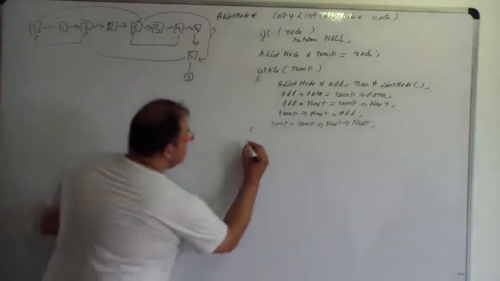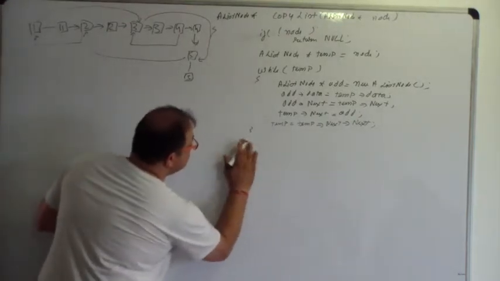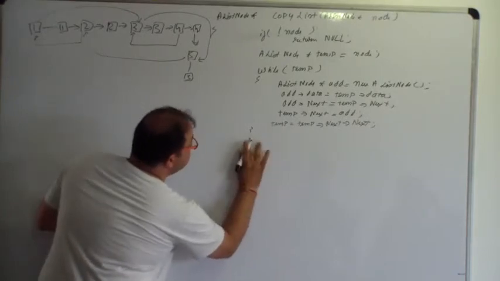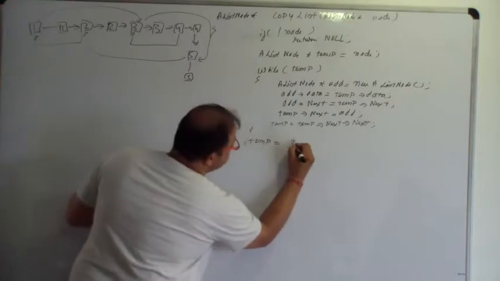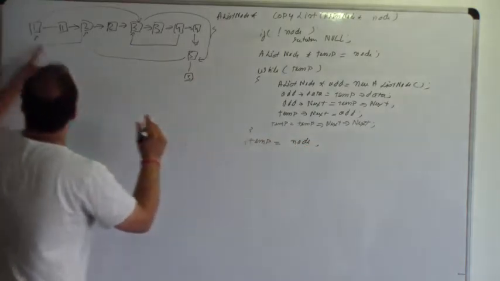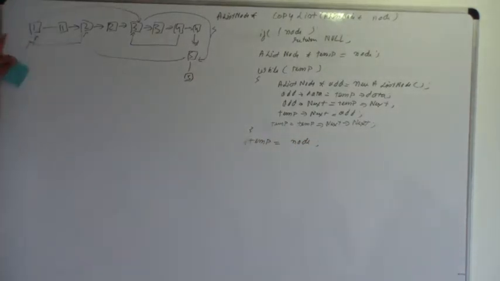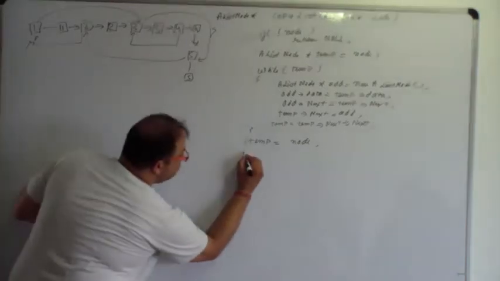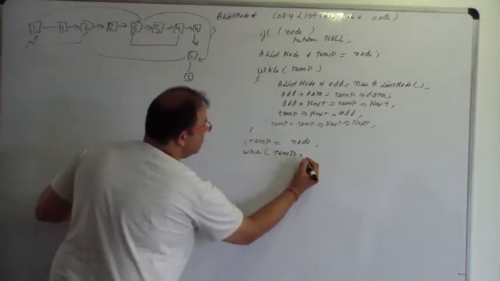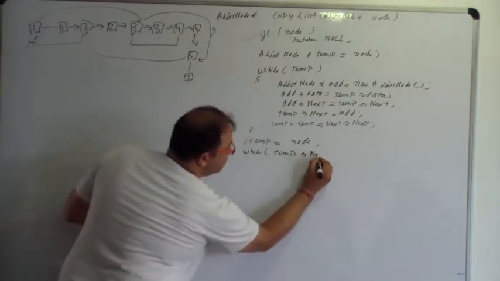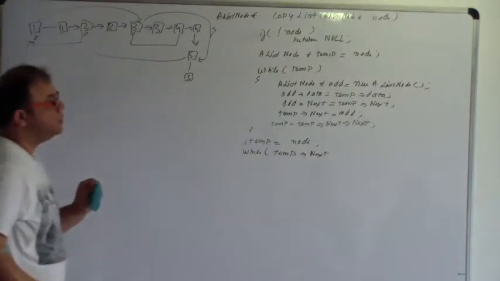Okay. So now we'll make temp point to the head. Temp is equal to node. So we make the temp go back over here. Now we'll do while temp arrow next.